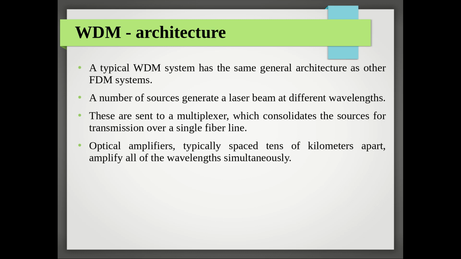To tackle that, you can use optical amplifiers, which are typically spaced tens of kilometers apart and amplify all the wavelengths, that is, the combined multiplexed signal, simultaneously, because it is traveling as a single unit.